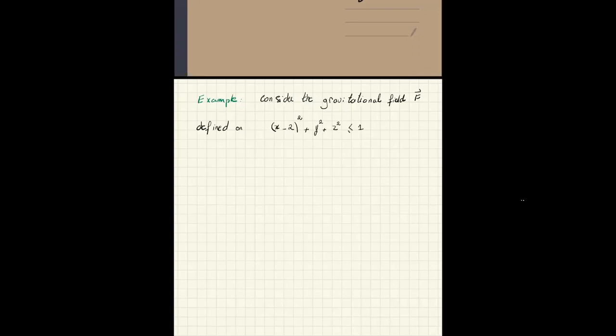Okay? So when you have an inequality, it means that it's the inside and also the surface. So remember, what was the gravitational field?